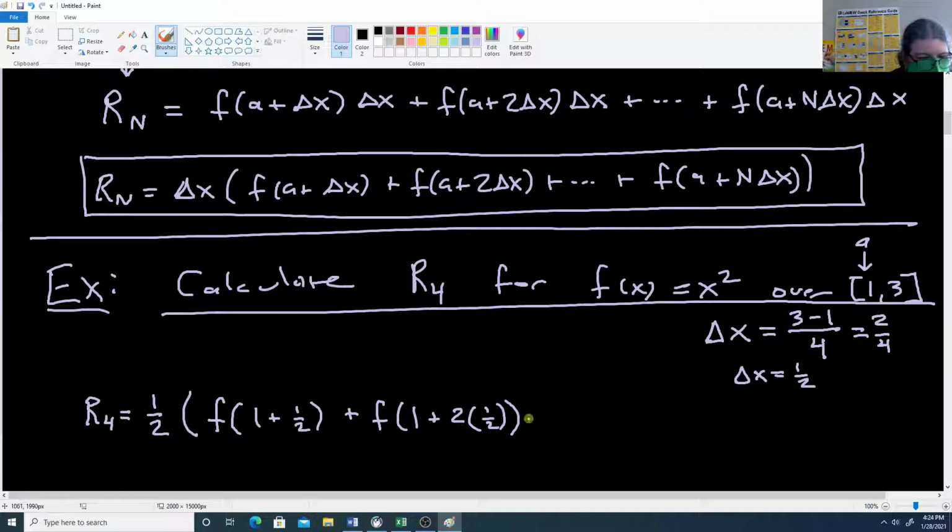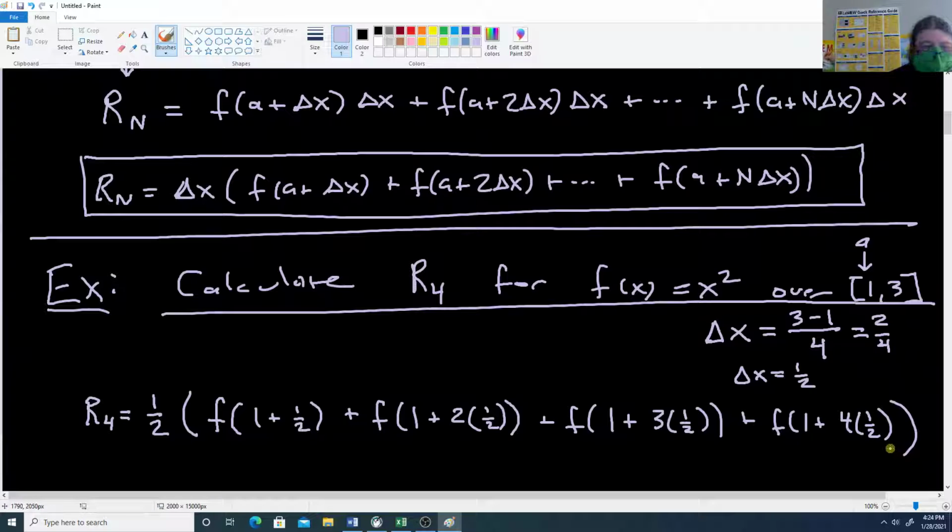That'll be the height of the second rectangle, plus f of 1 plus 3 times a half. That'll be the height of the third rectangle, plus f of 1 plus 4 times a half, and that'll be the height of our fourth and final rectangle there.